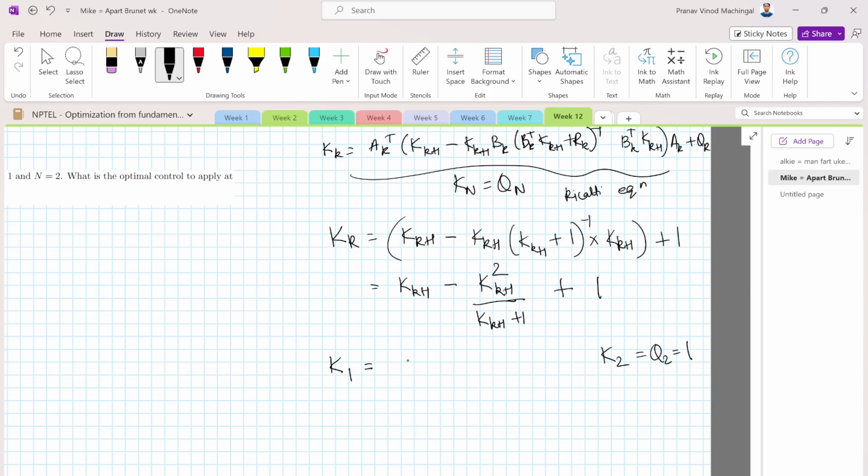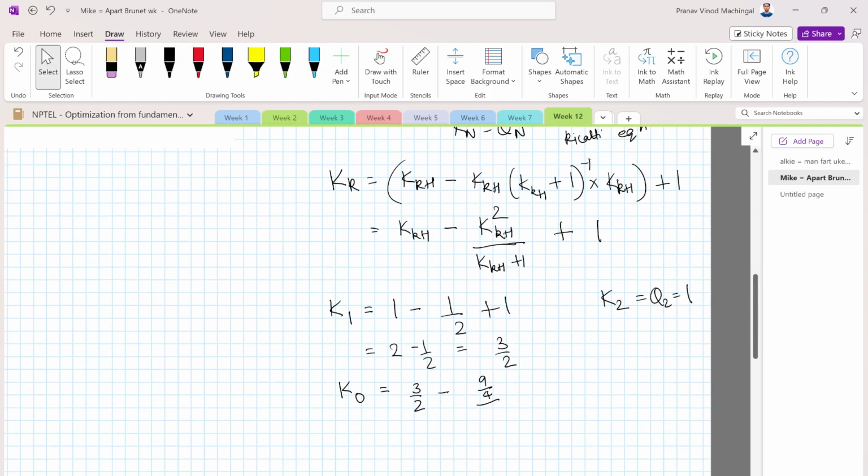K1 will be equal to 1 minus 1 by 2 plus 1, that is 2 minus 1 by 2, that is 3 by 2, and K0 will be equal to 3 by 2 minus 9 by 4 upon 3 by 2 plus 1, which is 5 by 2 plus 1.